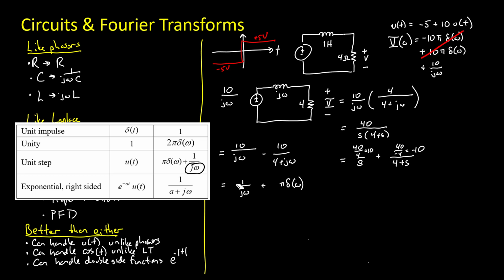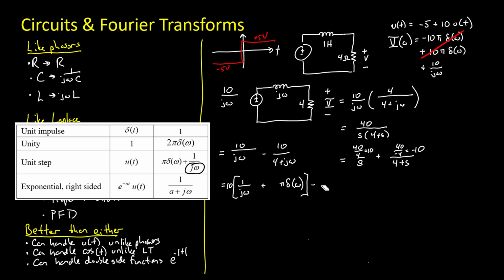Now, if we were given this lower part instead of this upper part, it would read directly on this table. What do we need to do to this lower part to make it look like this middle part? Well, if we multiplied it by 10, we'd have this first part done. But the problem is then we'd have 10 pi unit sample of omega too much.